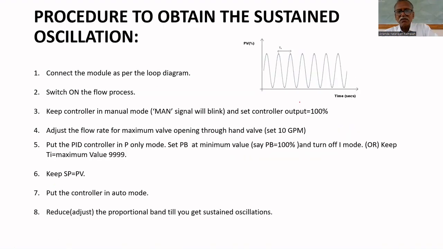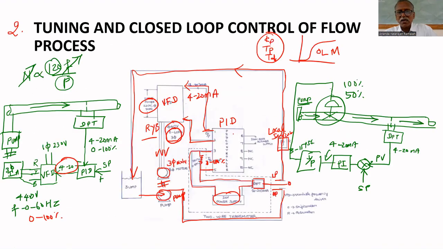Already I said it is not zero order, because of everything connected in series with it. Let us assume that the flow process is zero order. Mathematically, theoretically it is zero order. With that, a DPT, that is another first order. Then in series with that a PID controller, another first order. In series with that the VFD is there, another first order.